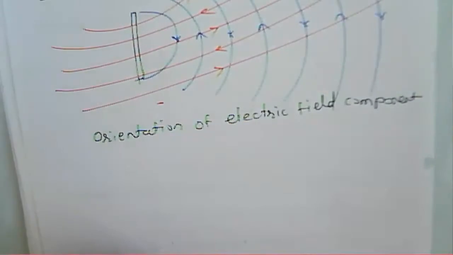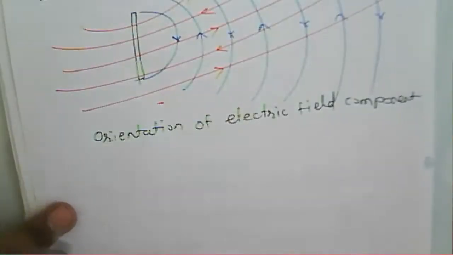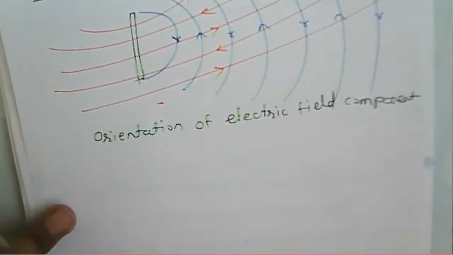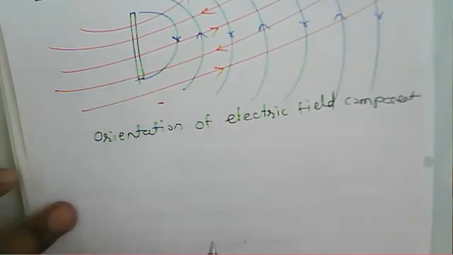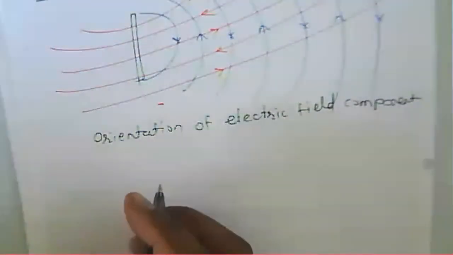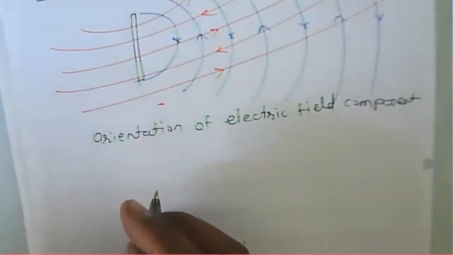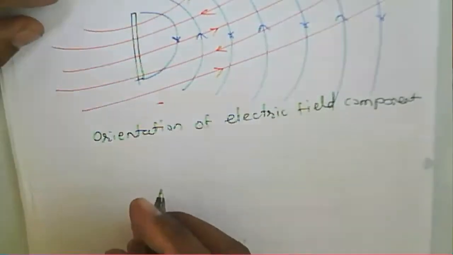In the general case, consider AM communication, amplitude modulation, or FM modulation. In that case, the antenna used most of the time is a vertical one.